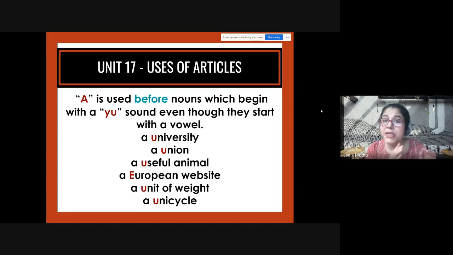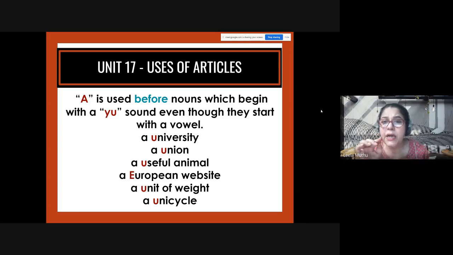So we use a before such nouns which begin with a vowel but give a consonant sound, like university, union, useful, European, unit, and unicycle. Because it gives the y sound, which is a consonant sound, we use a in front of it.